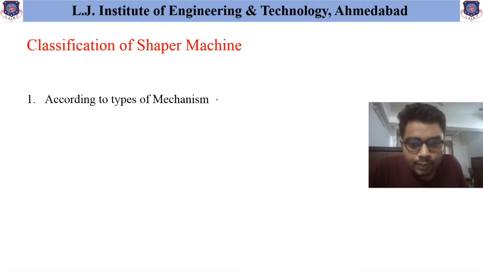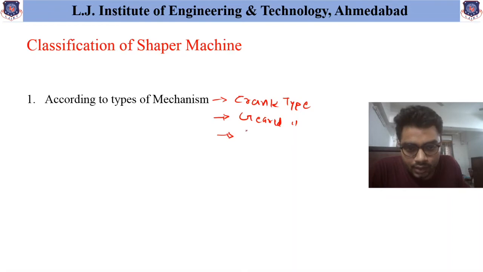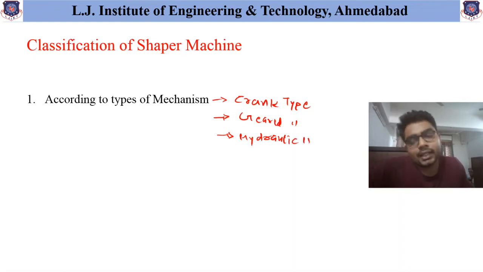The different types of mechanism which can be used to obtain this reciprocating motion are: it may be a crank type mechanism, it may be a geared type mechanism, or it may be a hydraulically operated mechanism. So these three different mechanisms can be used to obtain this reciprocating movement.